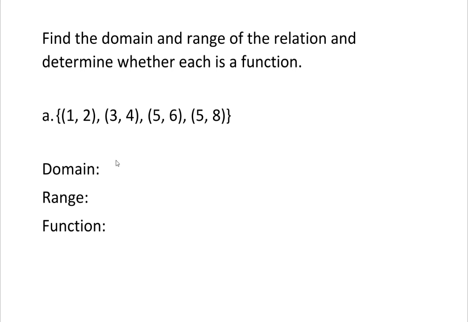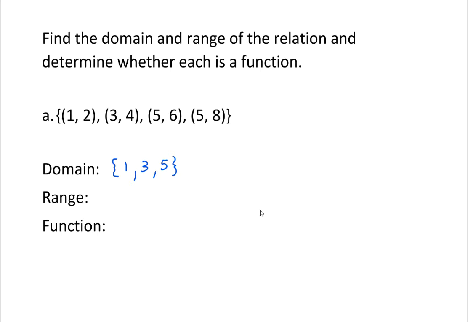So for the domain, I'm going to start out with the curly bracket, and mine may not look very pretty, but you can tell the difference between that and a regular parenthesis. The domain would be all of the first numbers in the set, which would be 1, 3, and 5. We have another 5 listed here, but we're not going to put it again in our domain because we're just telling all the different numbers that are included in the domain.